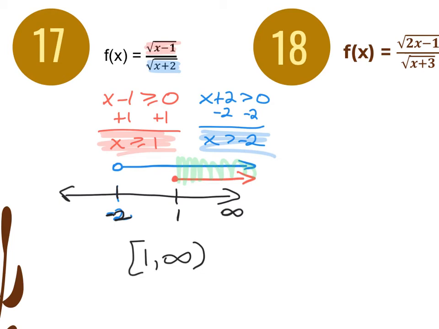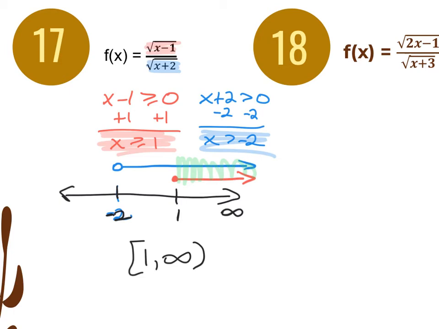So when you have two things to check, you need to graph it or see where they're both in common. Let's try the next one. I only include the domain where it's a solution for both. So it has to be where the red and the blue line are both starting out at.